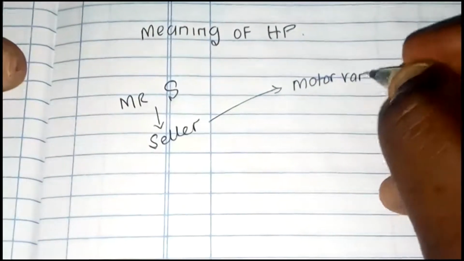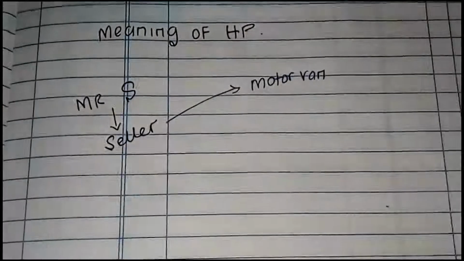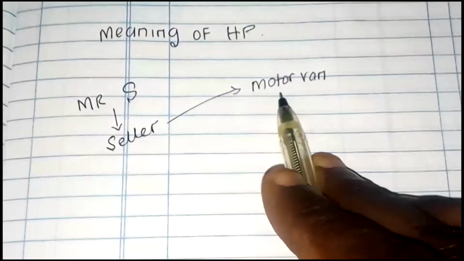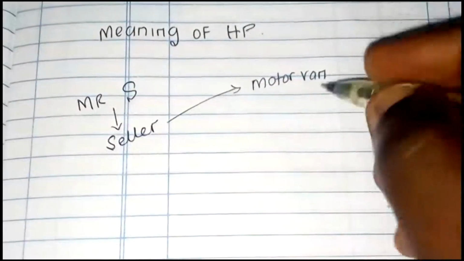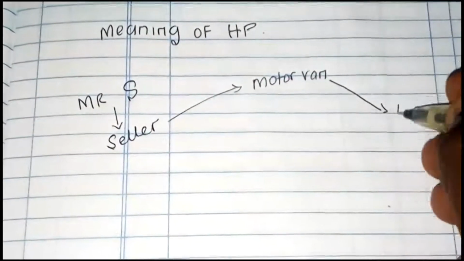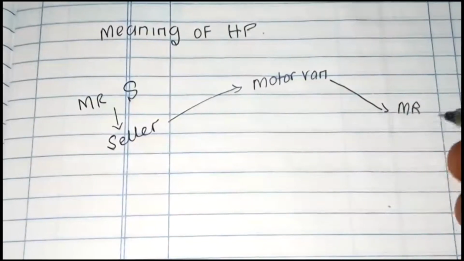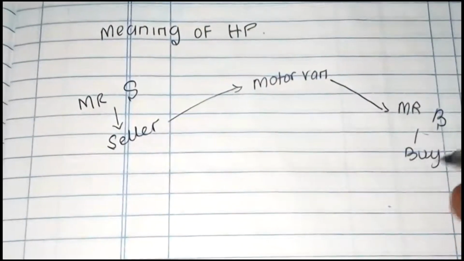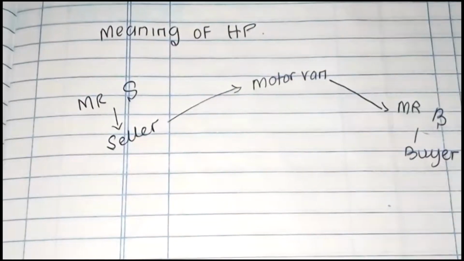Just follow this scenario. He decides to sell the motor van to Mr. B, say, who is the buyer.